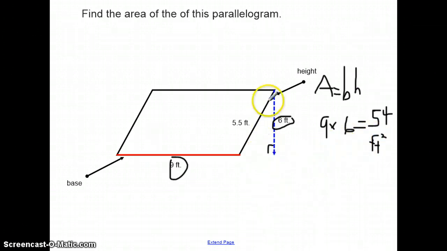Very simple. Now, the concern I would have is making sure you know that the sides are not the measurements you want to use when you multiply for a parallelogram. Some people might multiply this side instead of this. You have to know the height is perpendicular to the base. This is not perpendicular to the base. Those are two different types of angles.